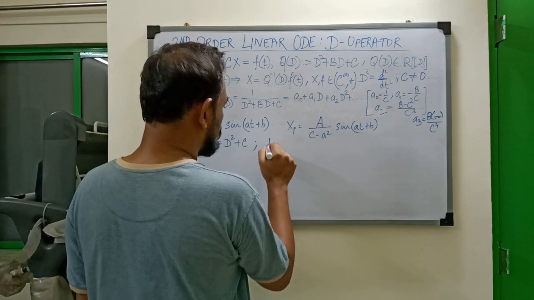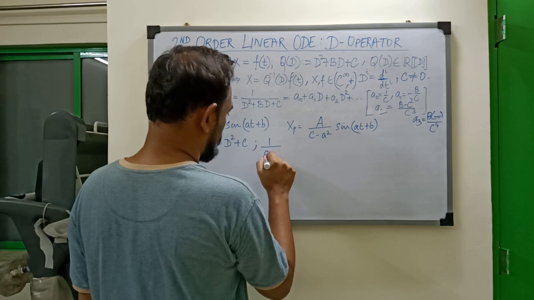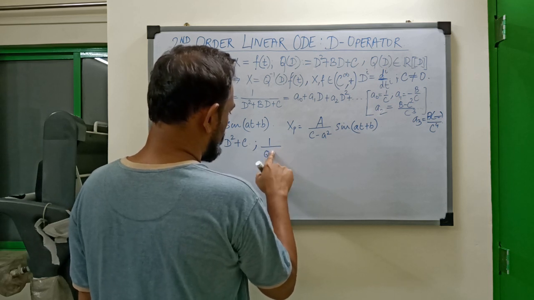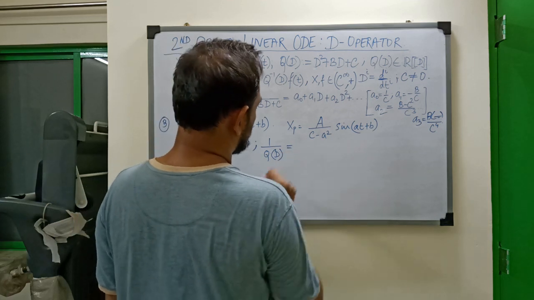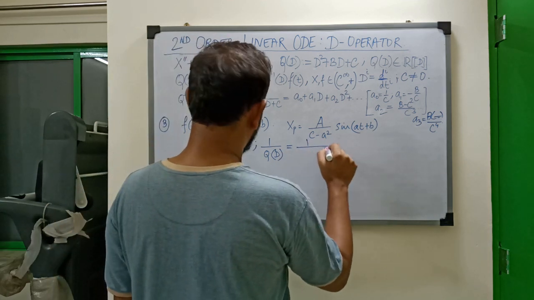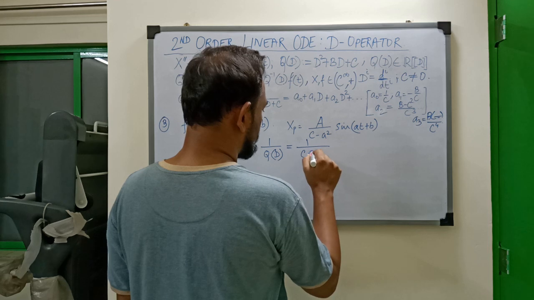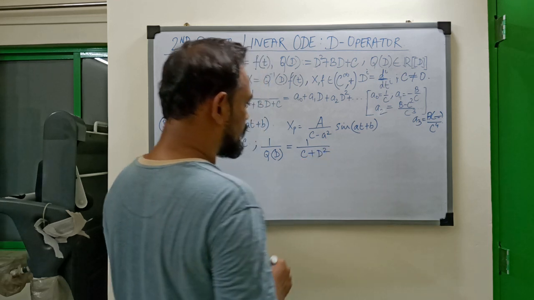Now 1 over qd is really 1 over c plus d square.